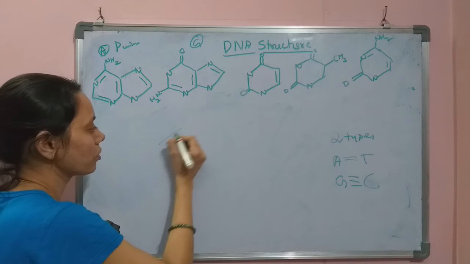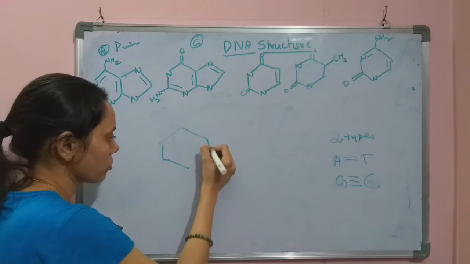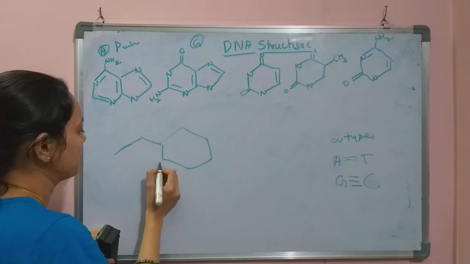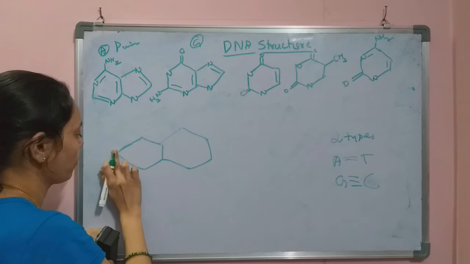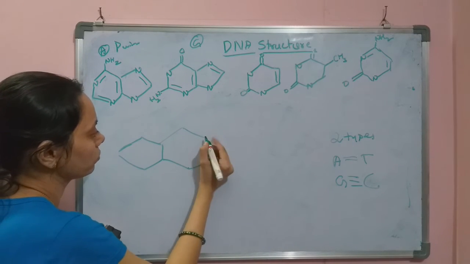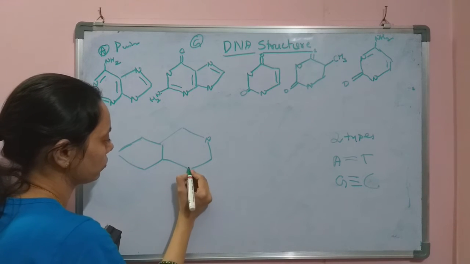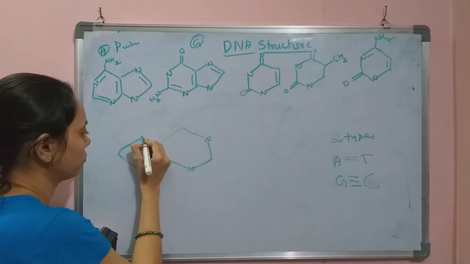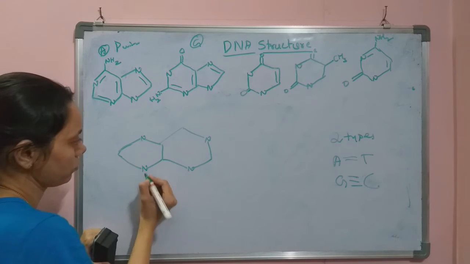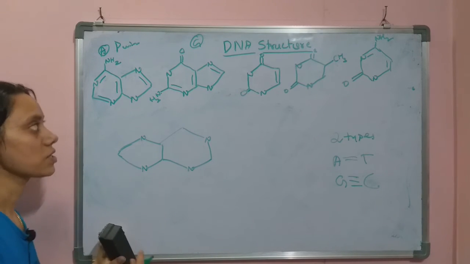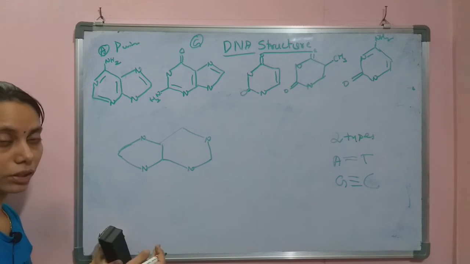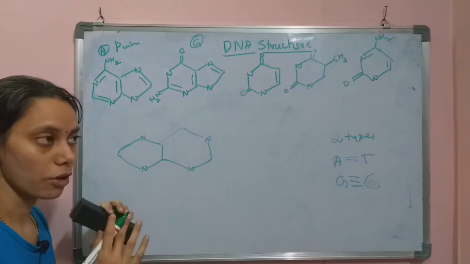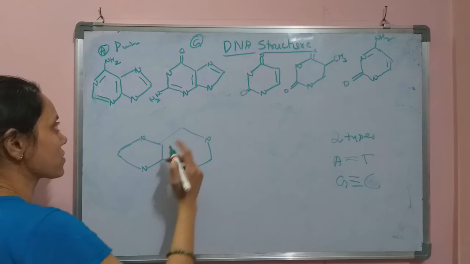So if it is an adenine structure, I'm drawing it in the opposite direction so that they will face each other, so the hydrogen bonds are easy to understand.